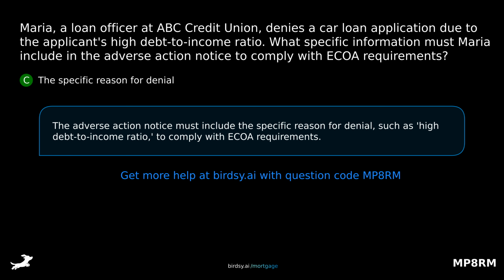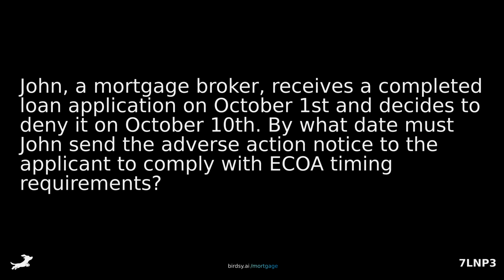The adverse action notice must include the specific reason for denial, such as high debt-to-income ratio, to comply with ECOA requirements. John, a mortgage broker, receives a completed loan application on October 1st and decides to deny it on October 10th. By what date must John send the adverse action notice to the applicant to comply with ECOA timing requirements?